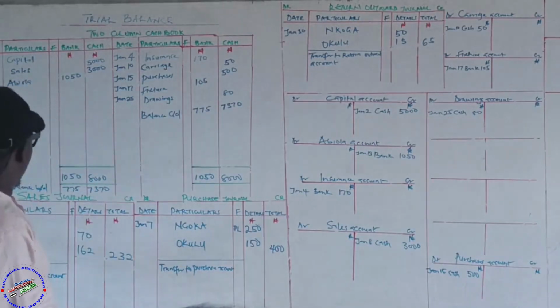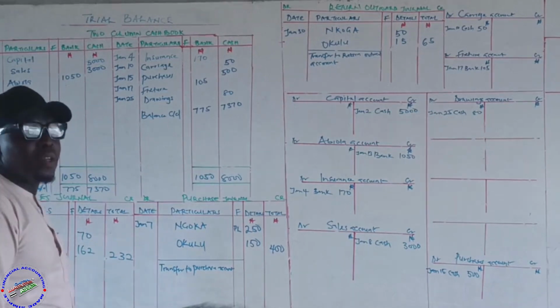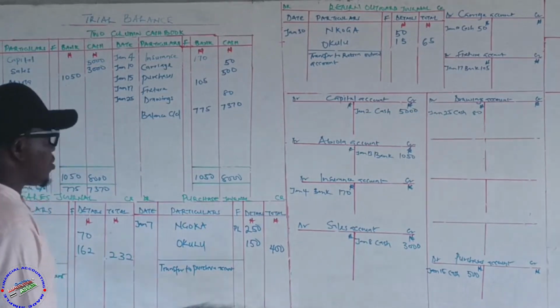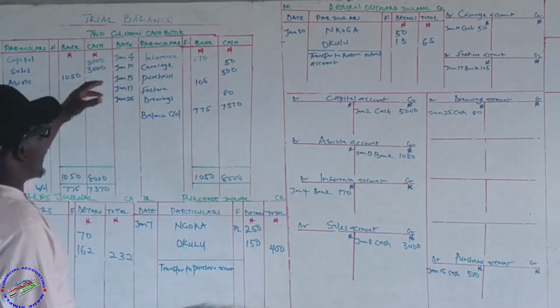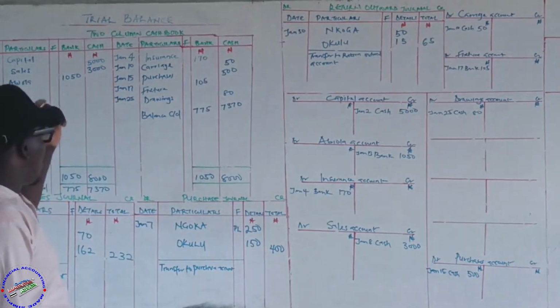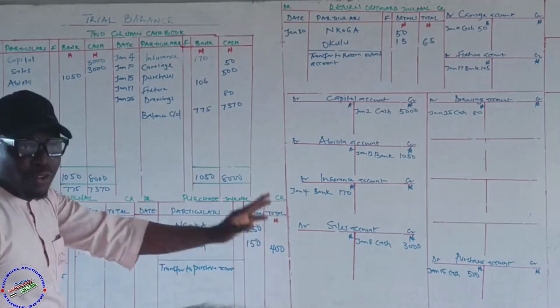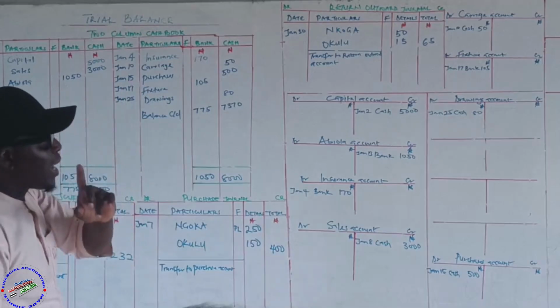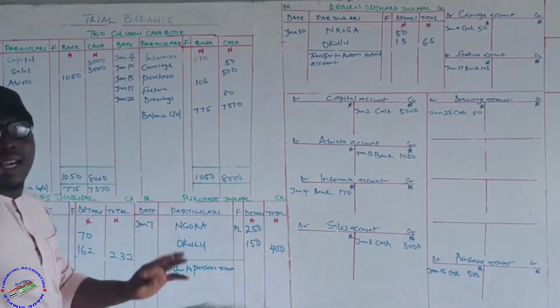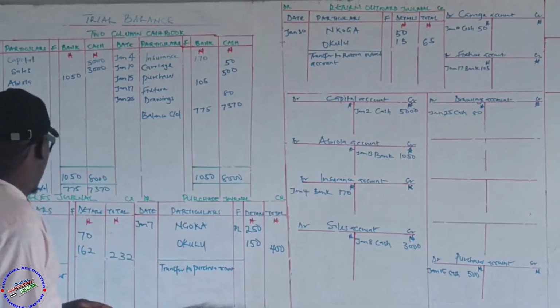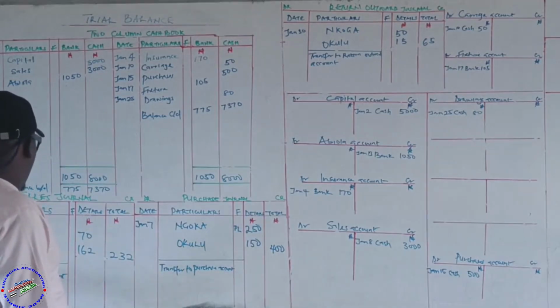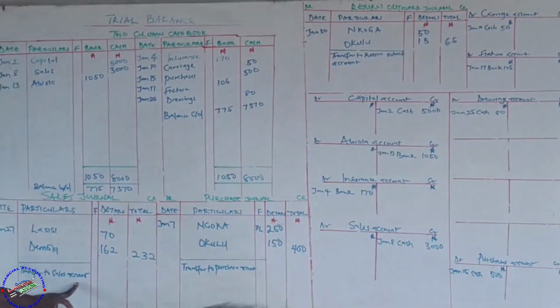We can move to the sales journal. So mind you, since we have an account for sales already that we opened from the cash book, we don't need to open another account for sales. We maintain one singular account for all sales related transactions. So we are asked to transfer all this to the sales account.